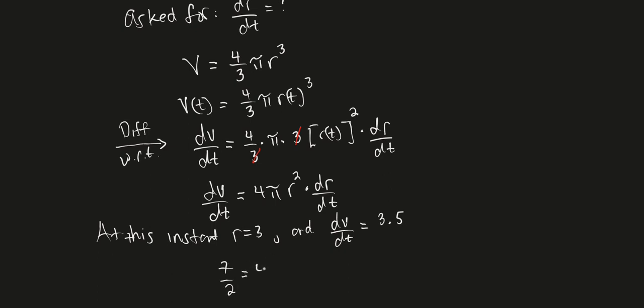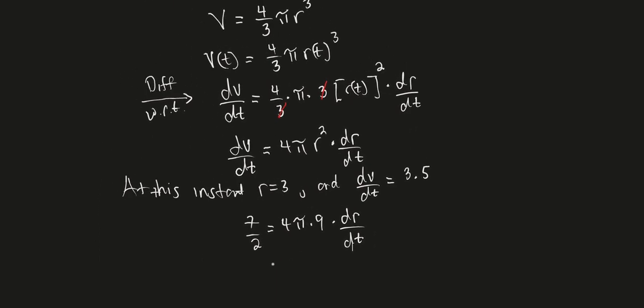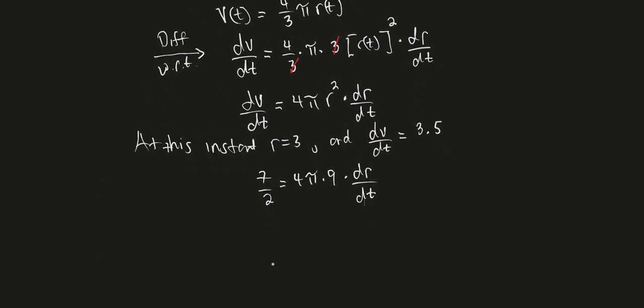And then I have the 4 pi times now 3 squared, which is 9. And then here is the rate that I'm trying to solve for. So what I have here is 36 pi when I multiply. So 7/2 is equal to 36 pi times dr/dt.